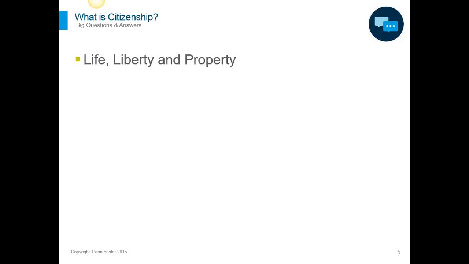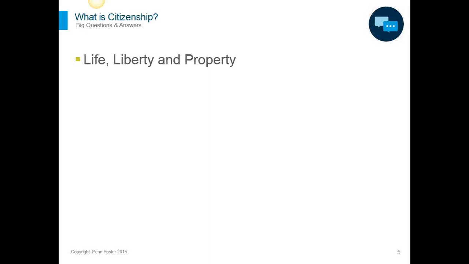Thomas Jefferson and philosophers before him talked of the basics of citizenship as the ability to have life, liberty, and property, or the pursuit of happiness, as Jefferson wrote back in 1776.